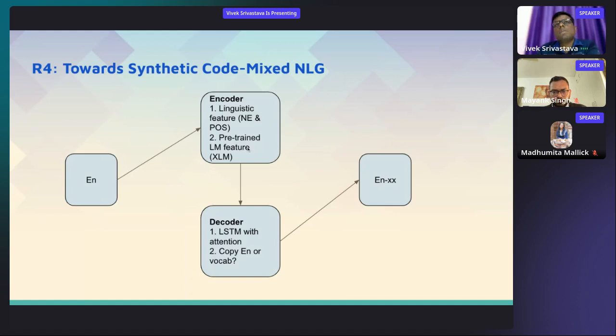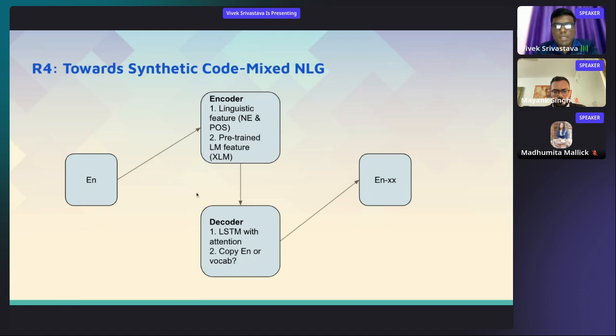They use XLM as the language model to get the embedding for the English sentence, and that goes into the encoder. At the decoder side, we have a one layer LSTM with attention. The idea is that either you copy a word at a particular timestamp from the English sentence, or you copy the word from the vocabulary. So this is the whole setup.